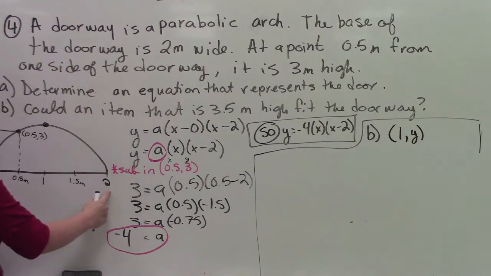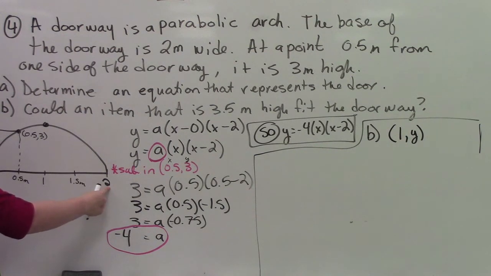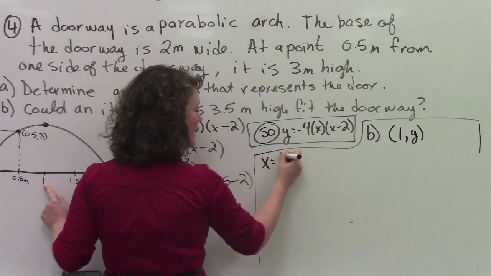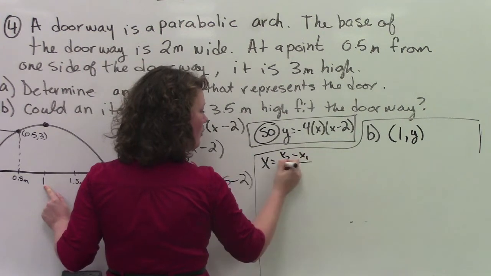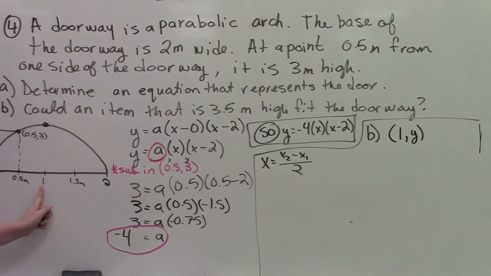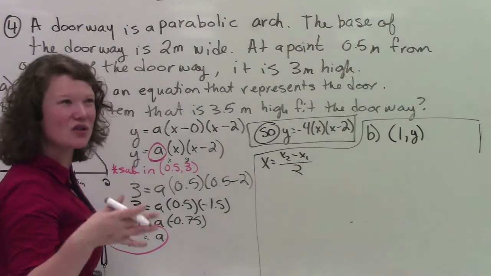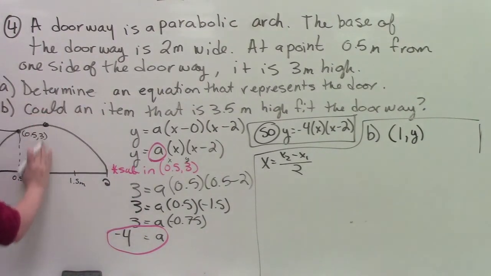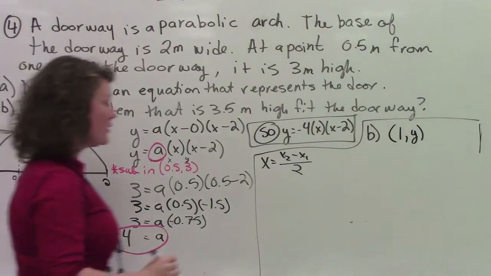So (x2 plus x1) divided by 2, (2 plus 0) divided by 2 is 1. All I did was use that formula, but I did it in my head, because sometimes you don't need to show all of your steps. Some things are a little bit more logical. So I know that this right here is my axis of symmetry.